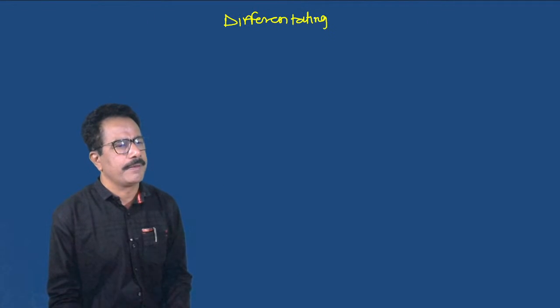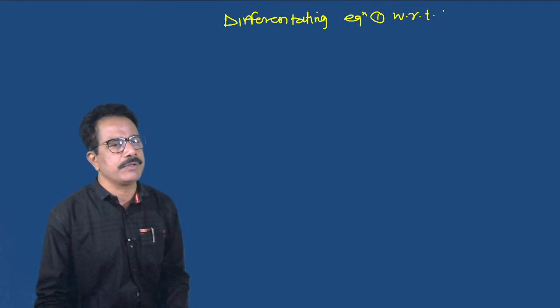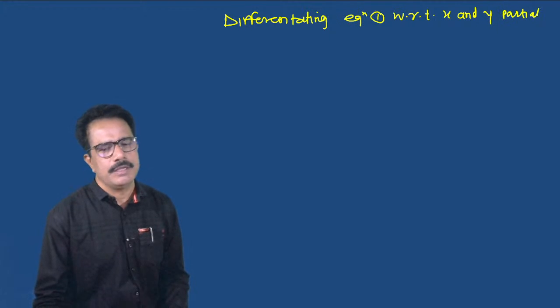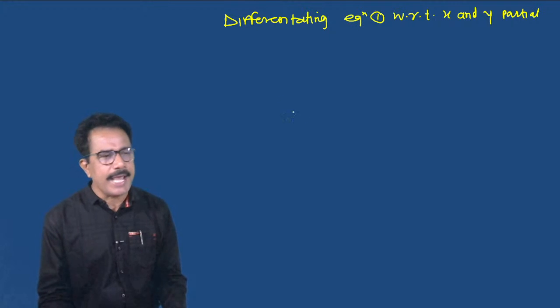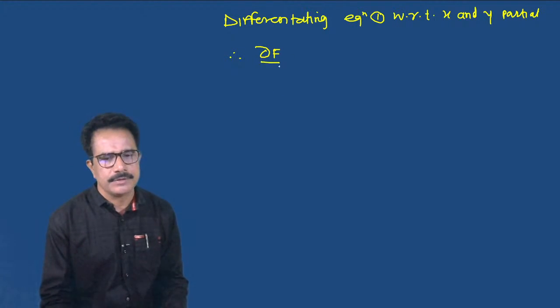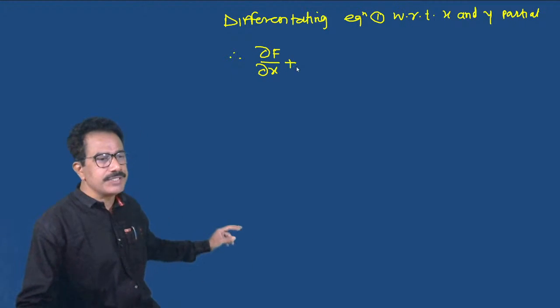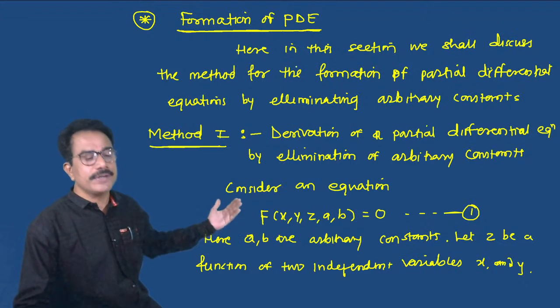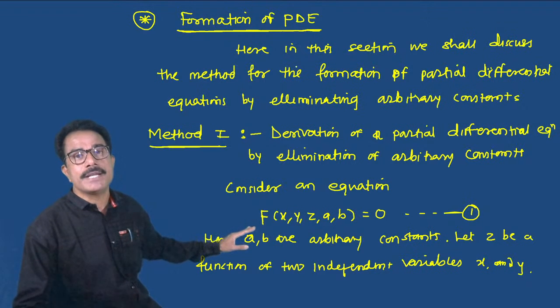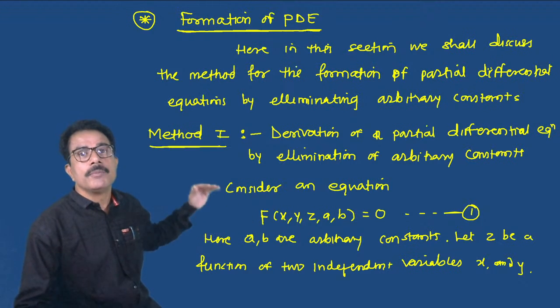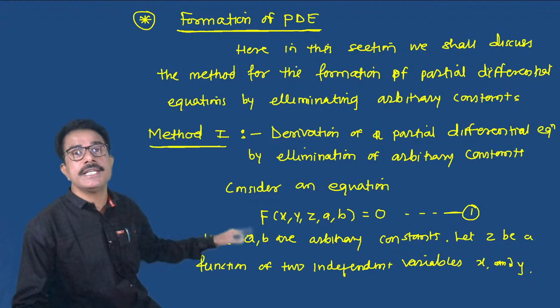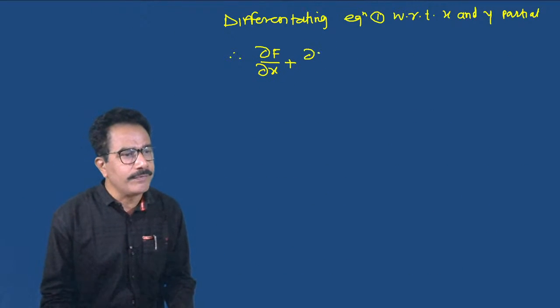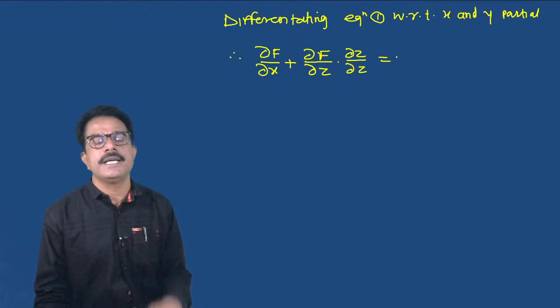Differentiating with respect to x, we get dou f by dou x plus dou f by dou z into dou z by dou x, because z is again a function of x. Then the constant term will be a.